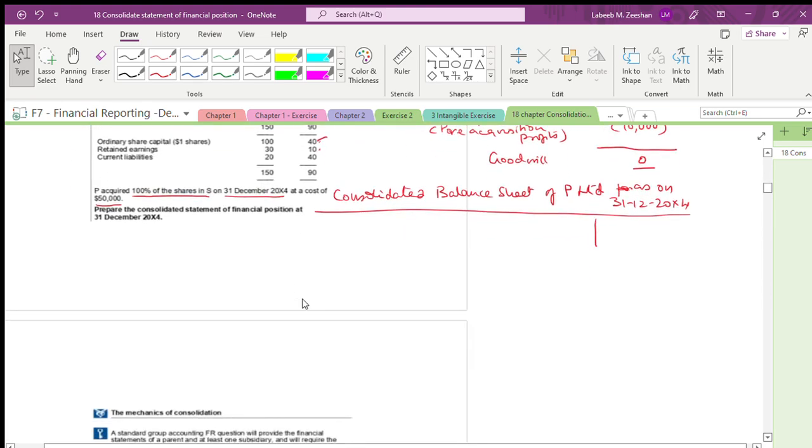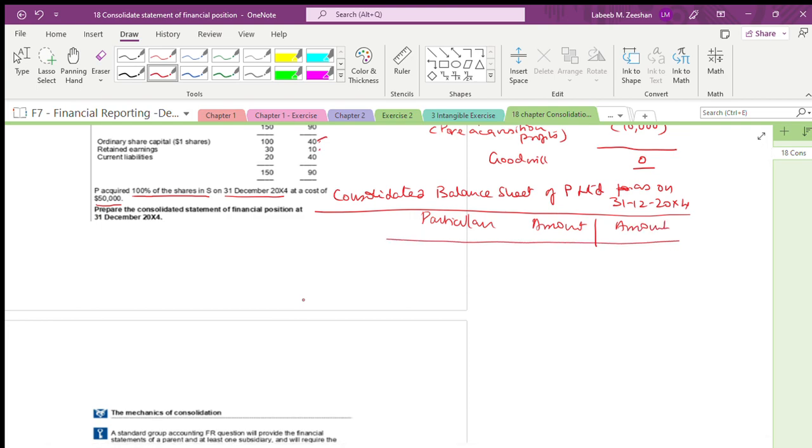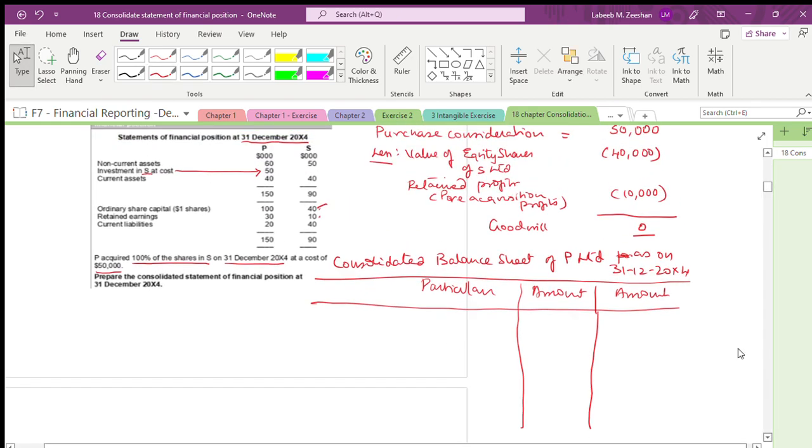Particulars, amount. Consolidation means nothing is shown for the subsidiary separately, but technically the control is with the parent company only.